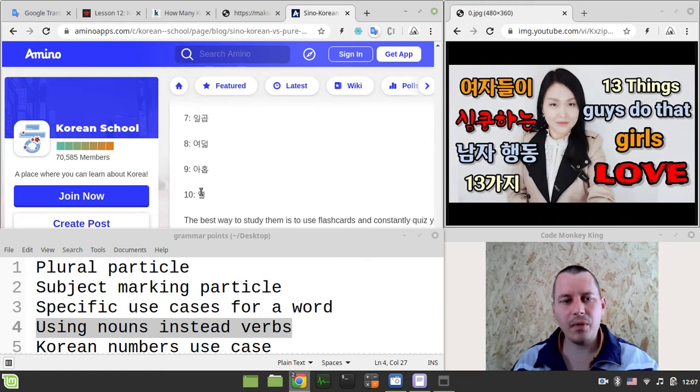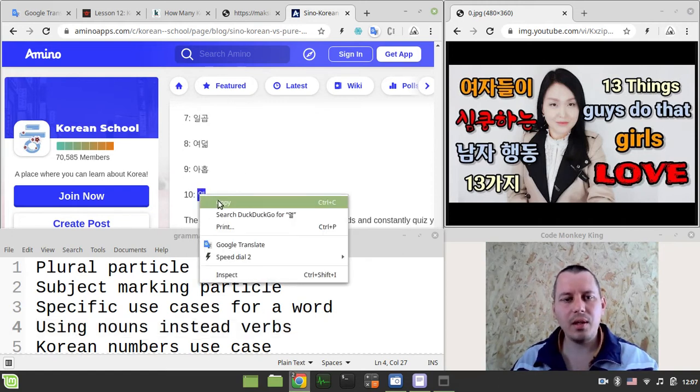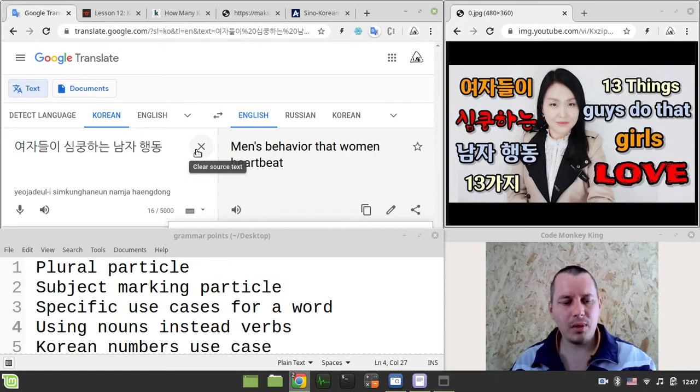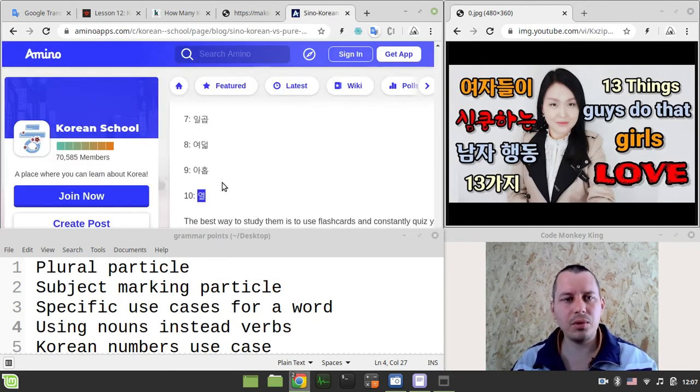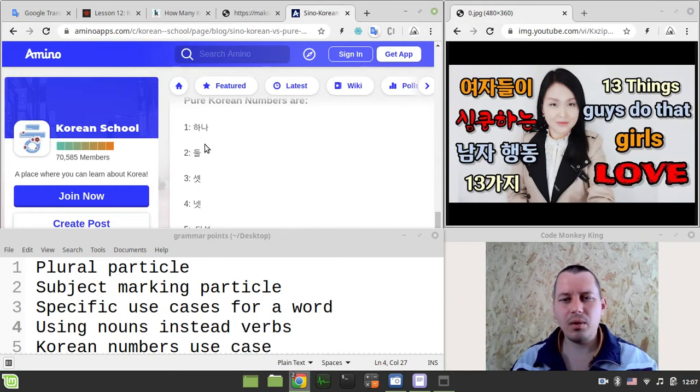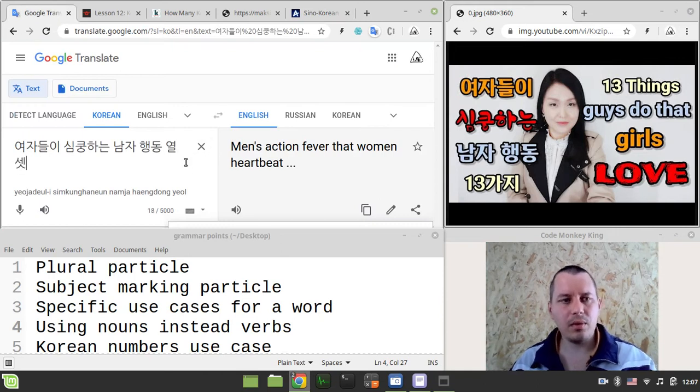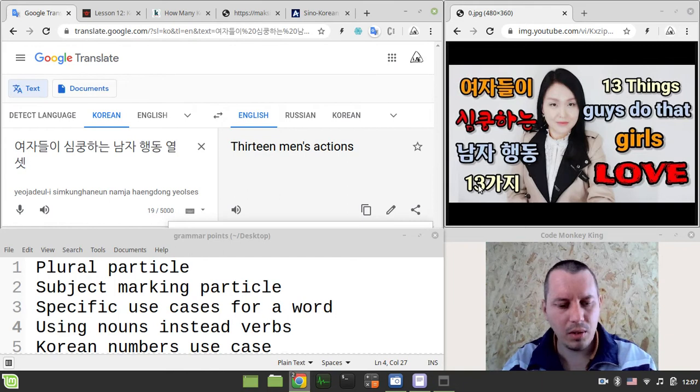So we have 열 for 10, and we can copy this and paste this 열 in. And also 13, so 3 is set. The S at the end we don't read, so it's more like set, 열 set. So 열 set 자기. And here we go with our 자기 tense.